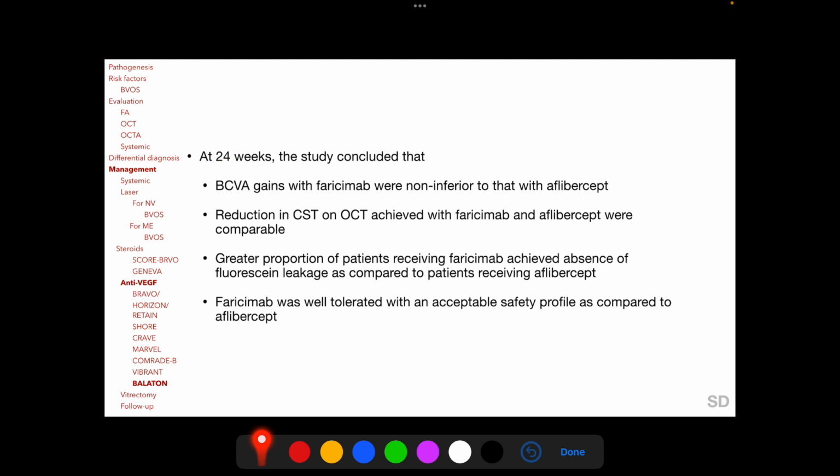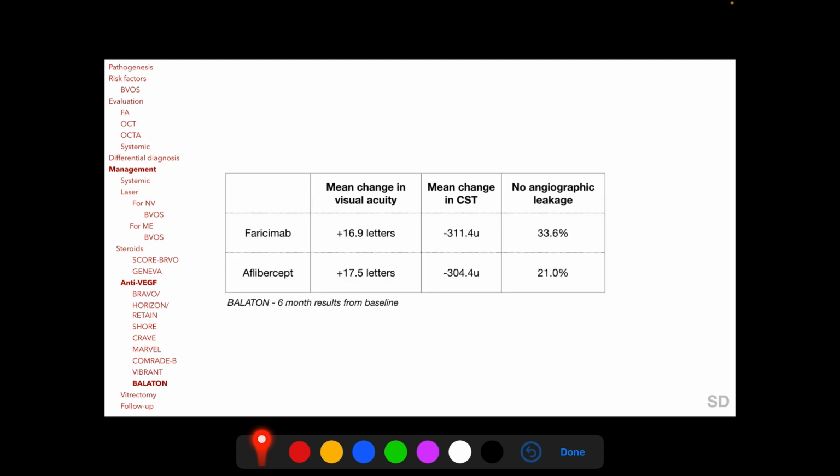At 24 weeks, the BALATON study concluded that BCVA gains with faricimab were non-inferior to BCVA gains with aflibercept, and also reduction in central subfield thickness on OCT achieved with faricimab and aflibercept were comparable, but a greater proportion of patients receiving faricimab achieved absence of fluorescein leakage as compared to patients receiving aflibercept. This table shows the 6 months data from the BALATON trial.